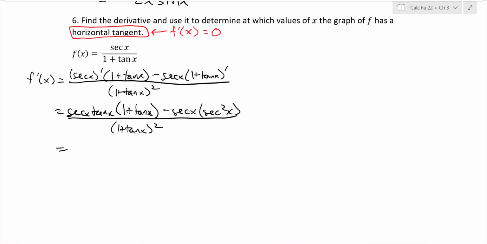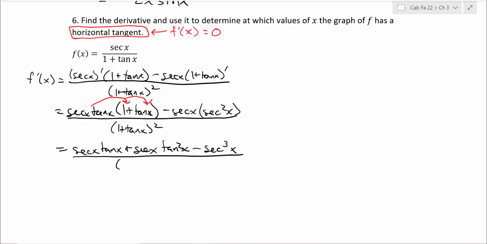So distributing secant x tangent x into the 1 plus tangent x, we get a secant x tangent x plus a secant x tangent squared x, and then minus a secant cubed x, all over that 1 plus tan x quantity squared.